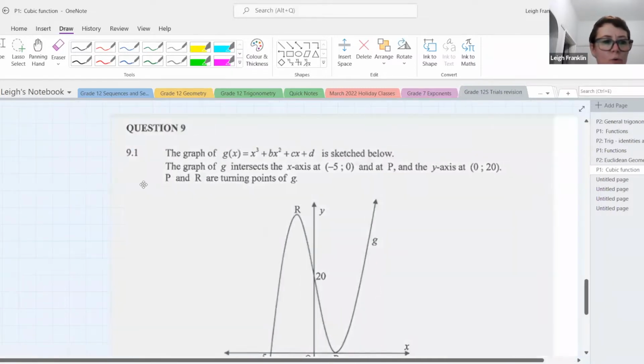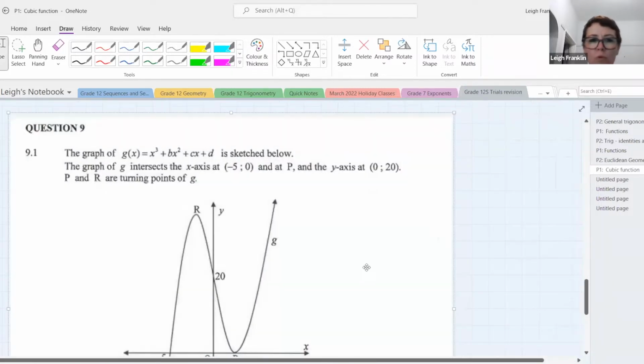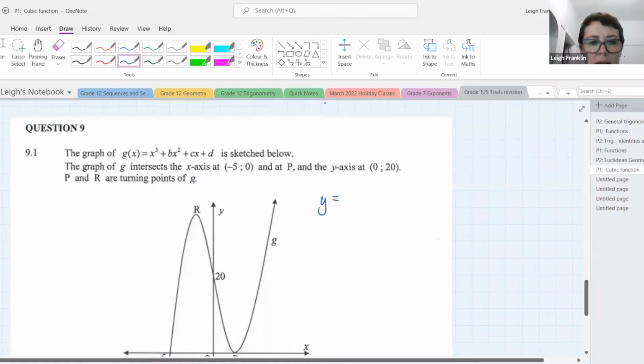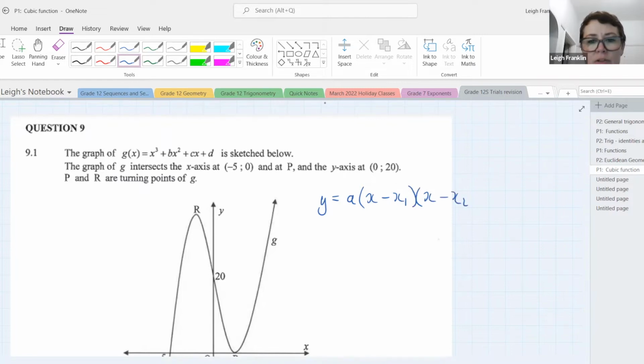Okay, so Cornelia, when you are working with the equation of a cubic function, you need to work with it in the form y equals a(x minus x1)(x minus x2)(x minus x3). That's when we've got 3 distinct, separate intercepts.